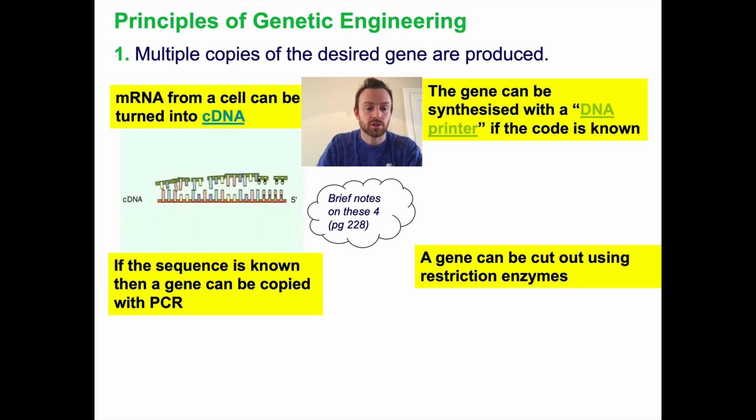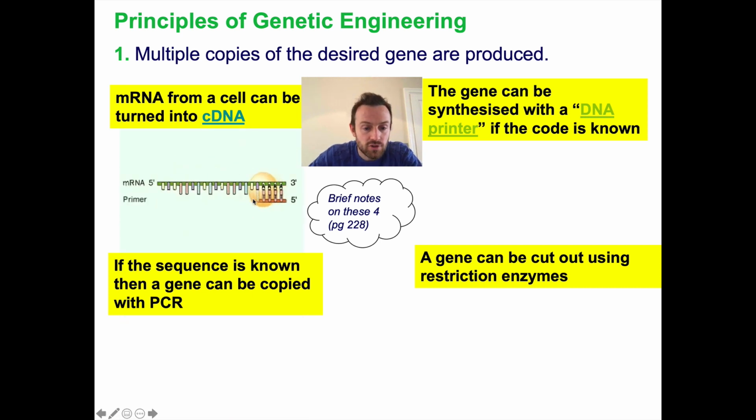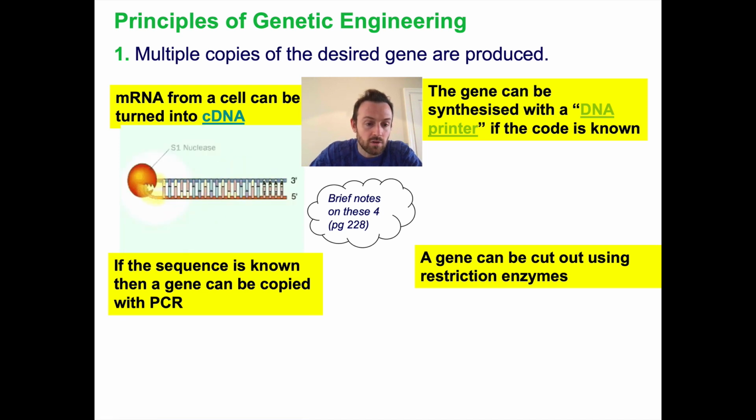Well, what we can do is we can use an enzyme called reverse transcriptase. And what happens there is reverse transcriptase binds to the messenger RNA and it turns it back into DNA. Okay, here we've got a hybrid, and then along comes another step. So it takes that hybrid mRNA and turns it into double-stranded cDNA. Here's the process here.